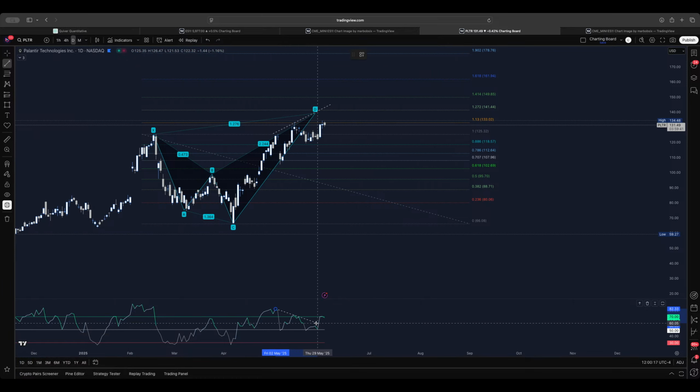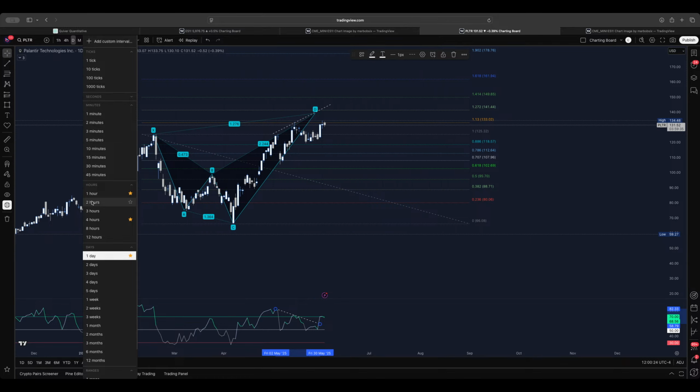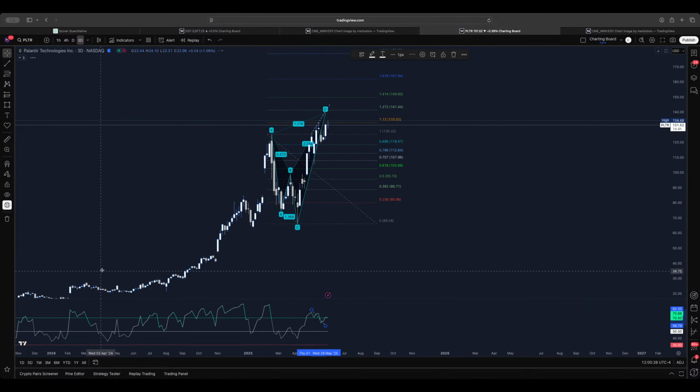Not necessarily here on the daily, but I'm quite sure, let's see, not completely sure, that the 3-day time frame potentially is printing, yes, a lower high. These are the moves you can observe here. We have a minor move here.